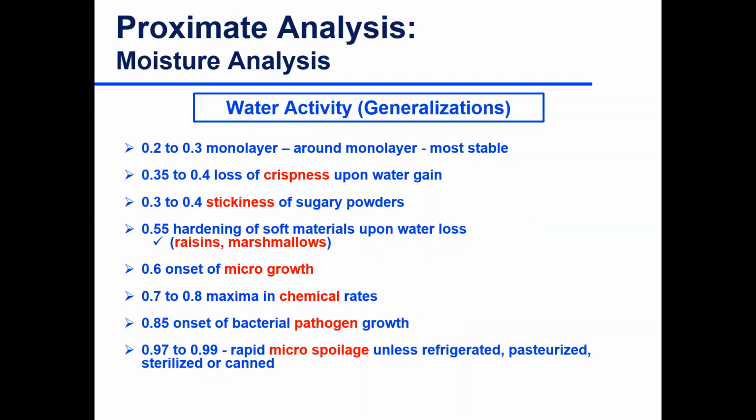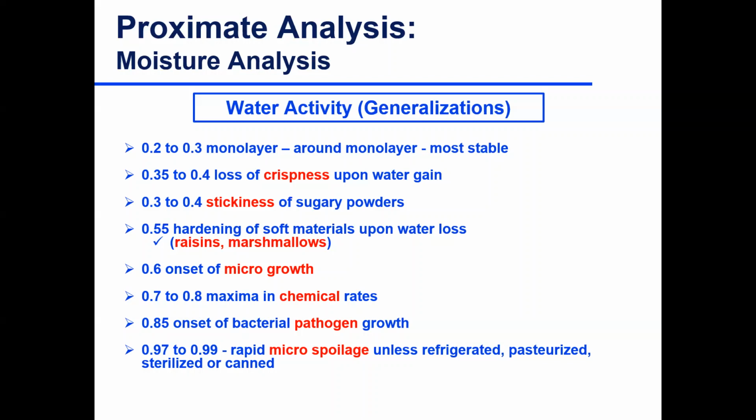A water activity of 0.2 to 0.3 is about the monolayer, where every molecule is covered with a little bit of water. It's protected. It's tied up. So that water is not free to go anywhere, not free to catalyze anything or be used by anything. So your product is extremely stable against microbial growth, chemical reactions, whatever, at this low water activity.